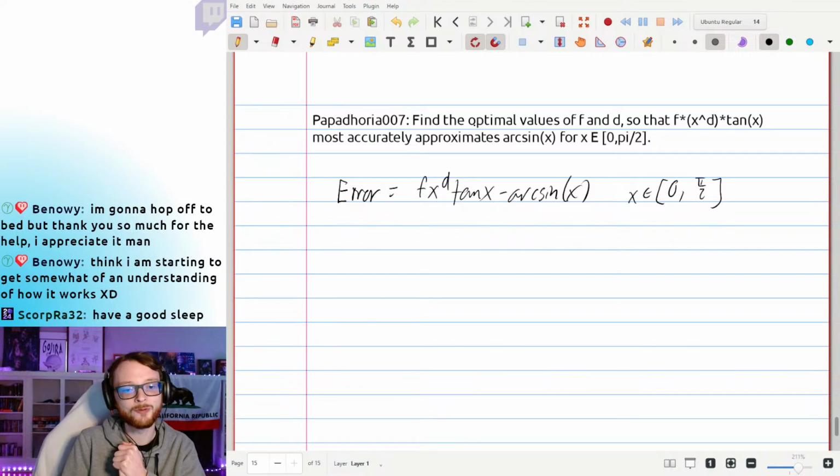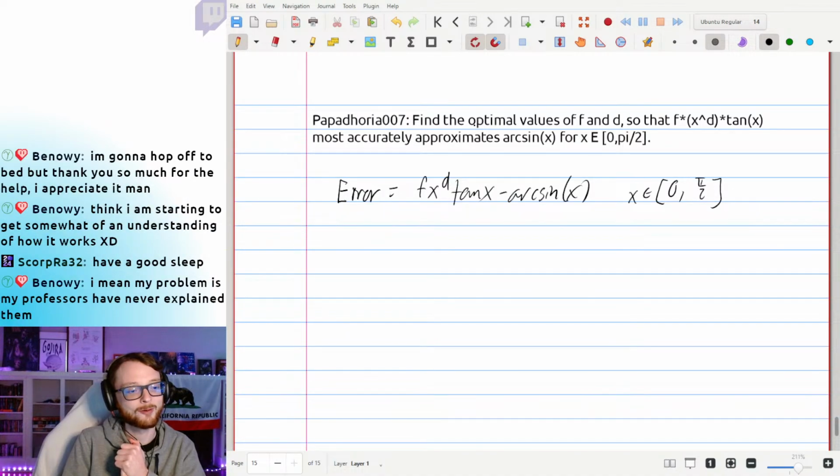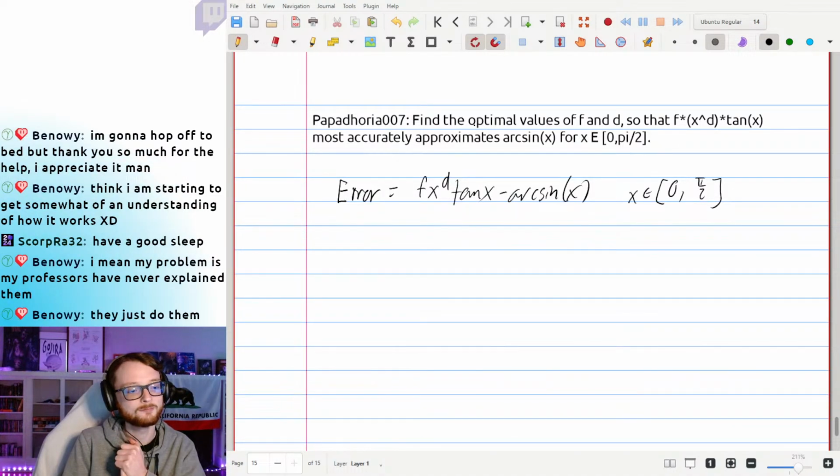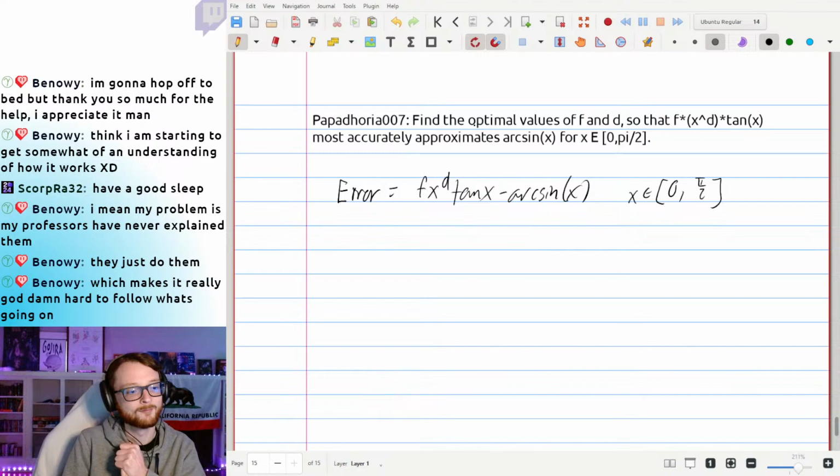Can we treat this as a multivariable limit? That's what I wanted to do, or a multivariable optimization problem. First, I never explained them. We just do them. Oh, that sucks. You might have more luck asking Zach or Eats Its Way Pie or Penn Center.